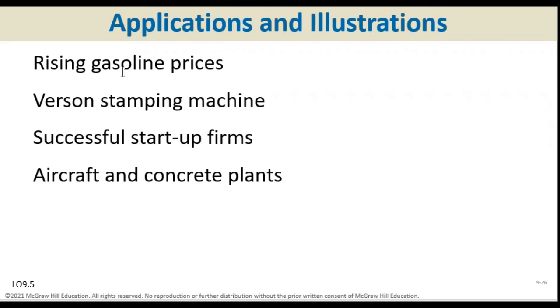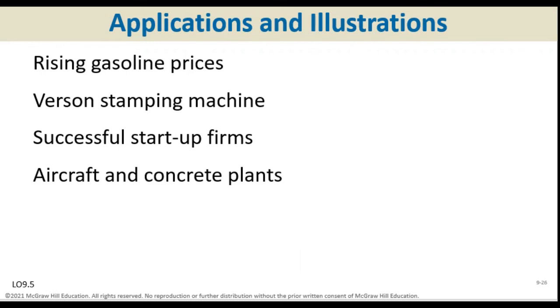Because they use fuel as the main input resource, an increase in gasoline price will impact the cost curve. Whereas a firm that does not transport products from location to location won't be affected by the rise in fuel costs.